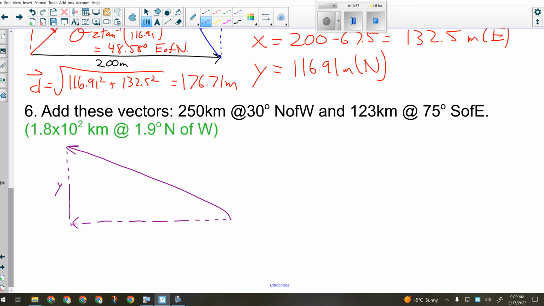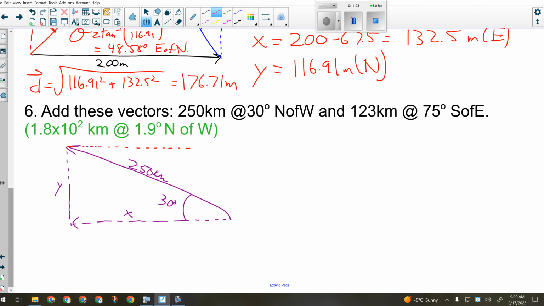So that'll be Y, that'll be X, that'll be my 30-degree angle, and that'll be 250 kilometers. Then I've got to go 75 degrees south of east. There's east. I drew that way too long, because I'm going to go 75 degrees south of that.